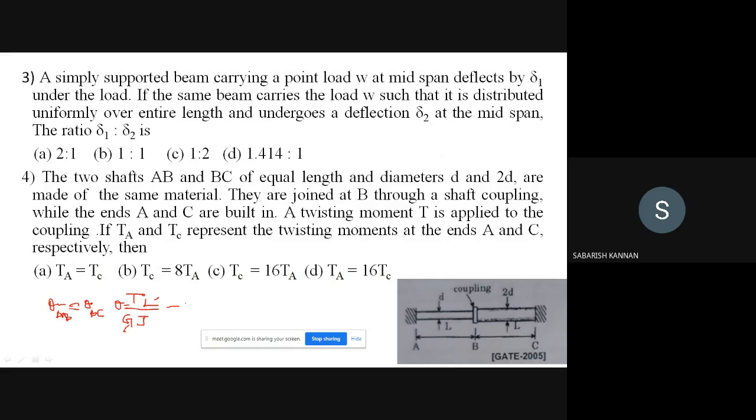So polar moment of inertia for circular shaft. What is the formula for polar moment of inertia for circular shaft? It is pi divided by 32 d power 4.